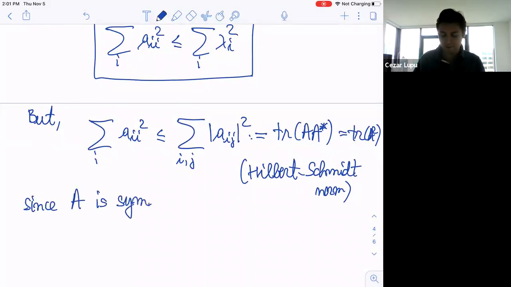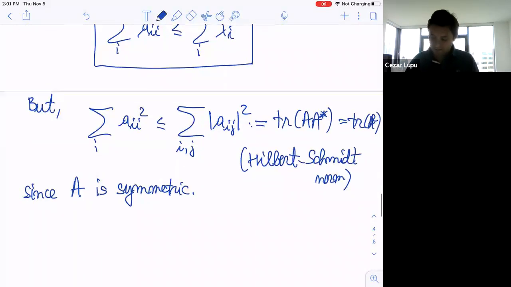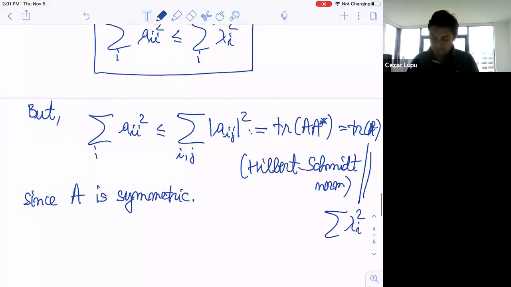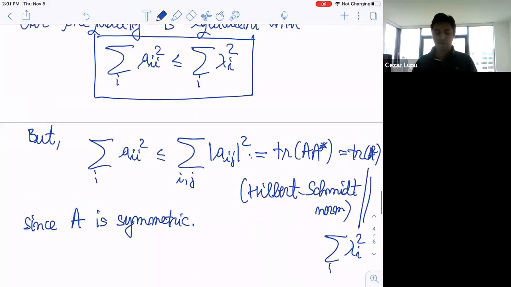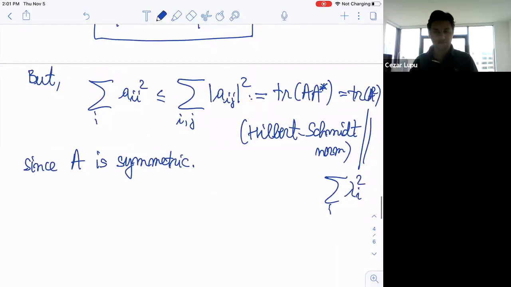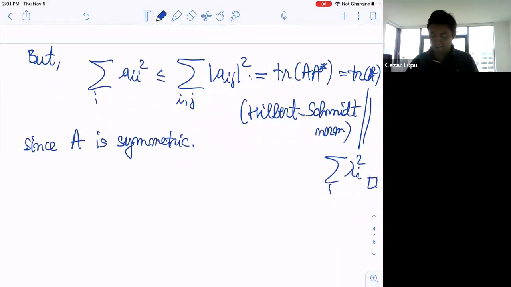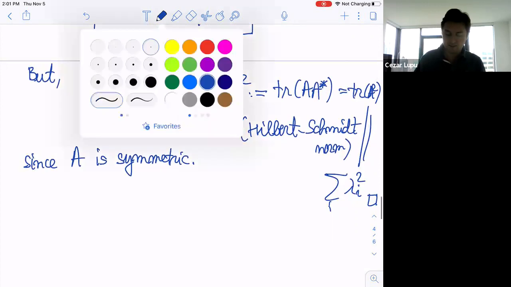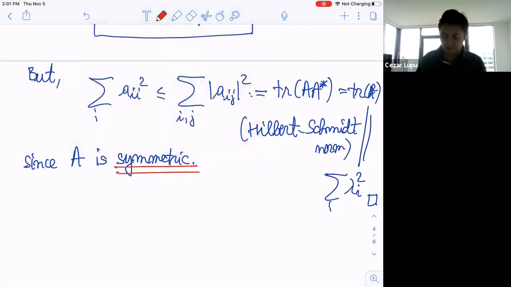That's it. Problem ends here. And since the trace of A squared is nothing else than the sum of the eigenvalues squared, there you go. You proved the inequality. You see, the big thing that saved the day was that this matrix is symmetric, so AA star is A squared.